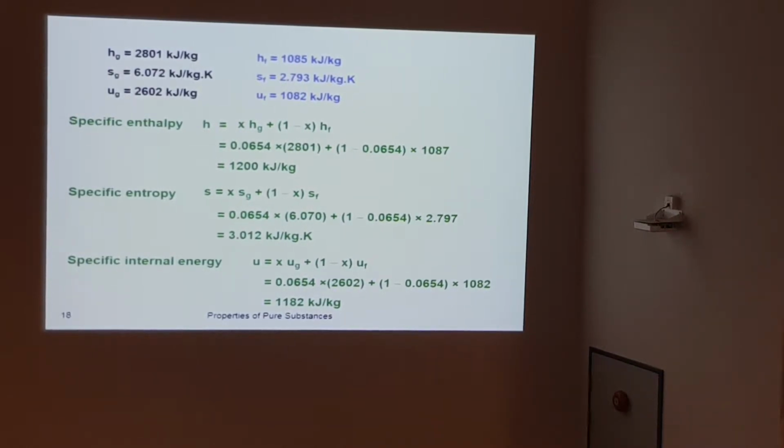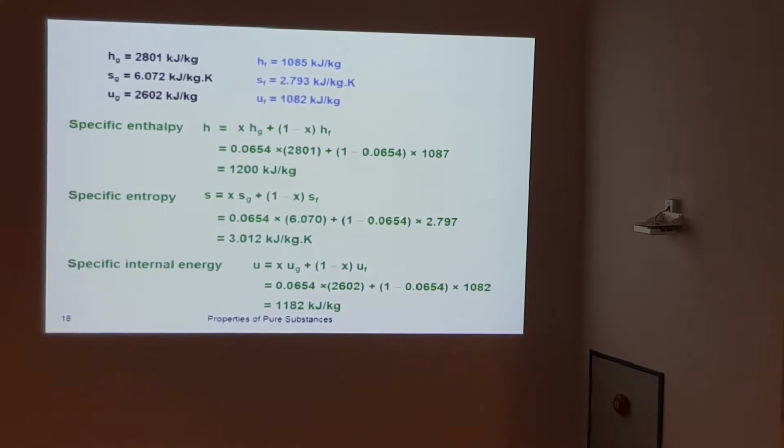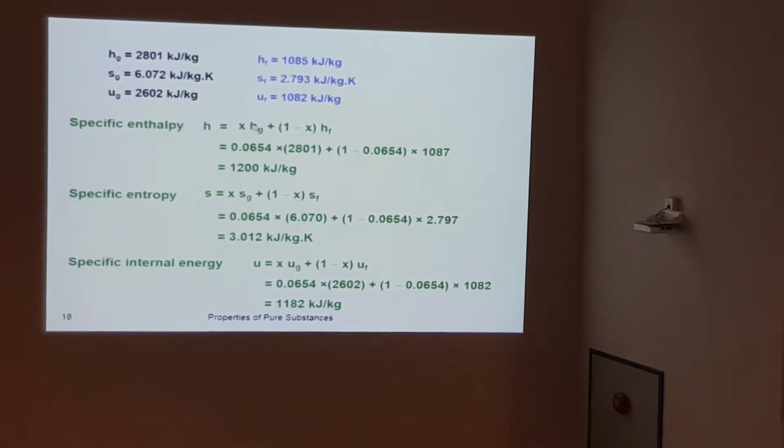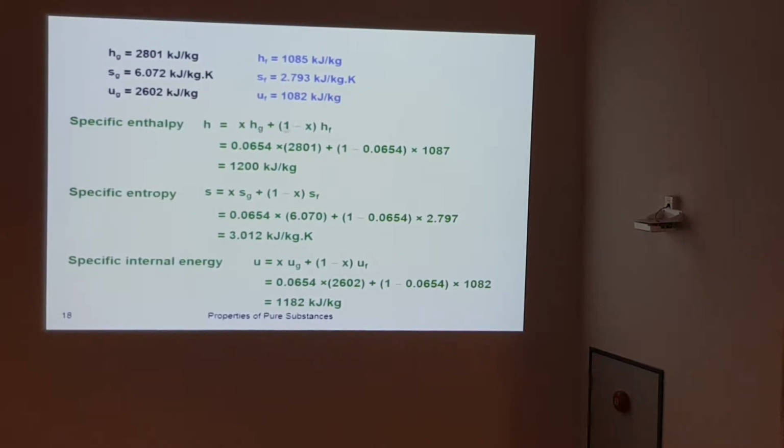I already said you need to memorize one. If you memorize one, you can memorize the rest. So quality X times this for gas, then 1 minus X times liquid. Please plus.